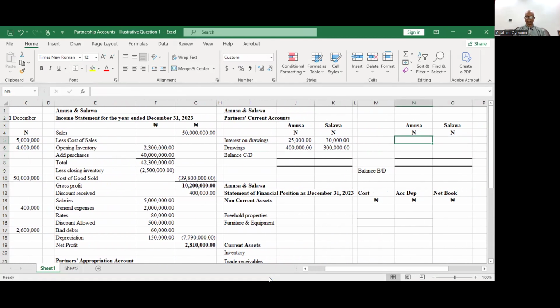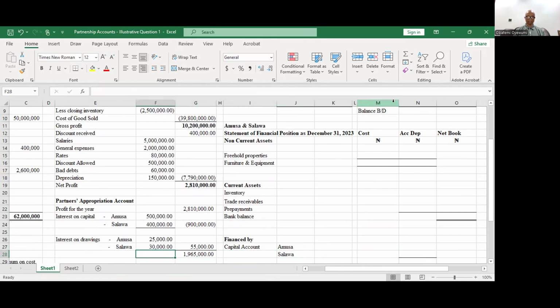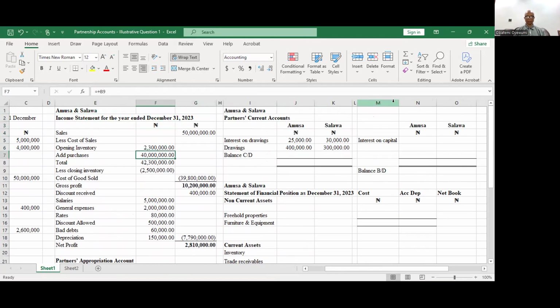And then on this side of the divide, we'll be talking about interest on capital that the firm is supposed to pay to them. Don't forget, we've calculated interest on capital here, 500,000 for Musa, and then 400,000 for Salawa.